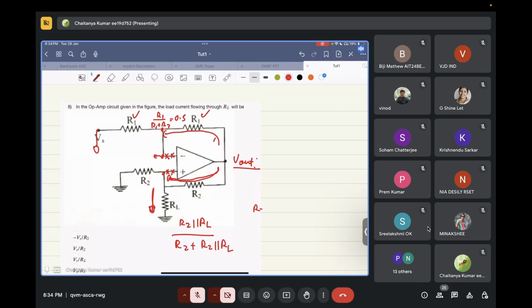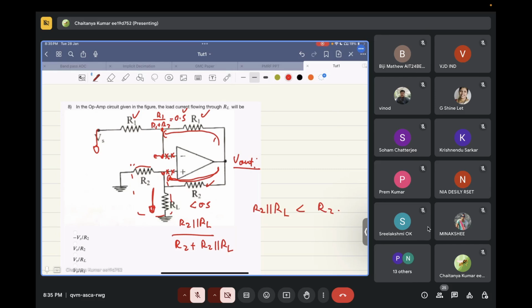Now R2 parallel RL will certainly be less than R2. A resistor divider between R2 and some resistance less than R2 will always give a quantity less than 0.5. So on the minus side we have 0.5, and on the plus side we have some quantity less than 0.5. Since the negative feedback is stronger than the positive feedback, the op amp is overall in negative feedback configuration.